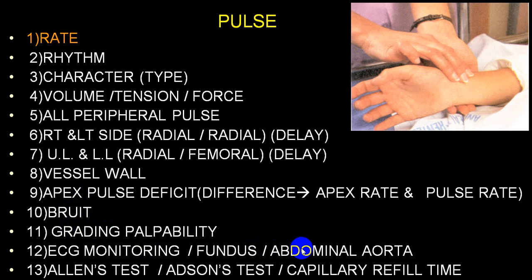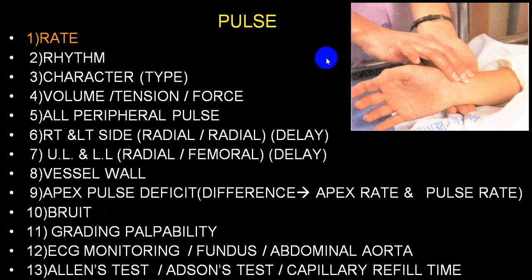If you can, examine the abdominal aorta, fundus and ECG monitoring, look for Allen test, Addison test and capillary refilling time. All this will be taken up in part 2. At present we'll be talking on pulse rate, rhythm and character.